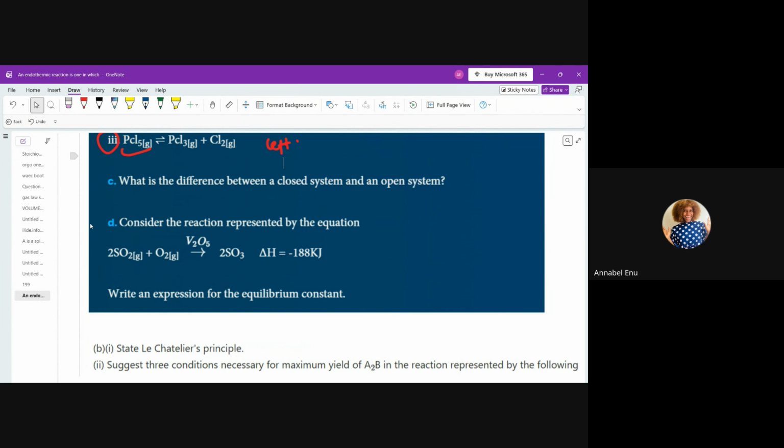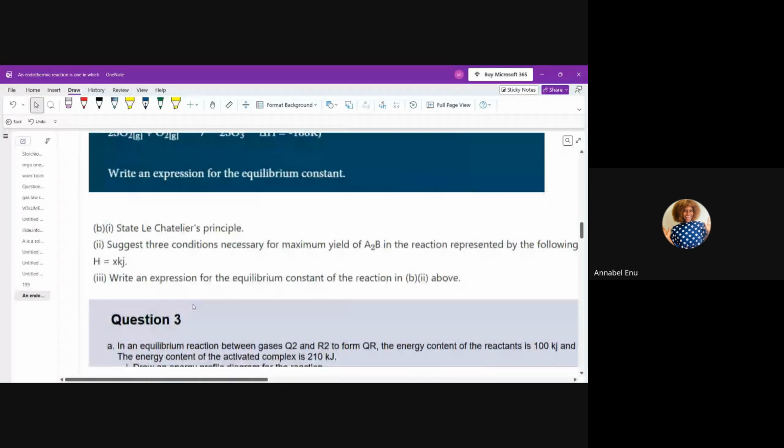And so energy can be exchanged within the system, and then equilibrium will be established. But in an open system, energy in form of heat usually can be allowed to enter or leave the system, and so we are not able to monitor, control, or maintain equilibrium. So that's the difference between the two of them.